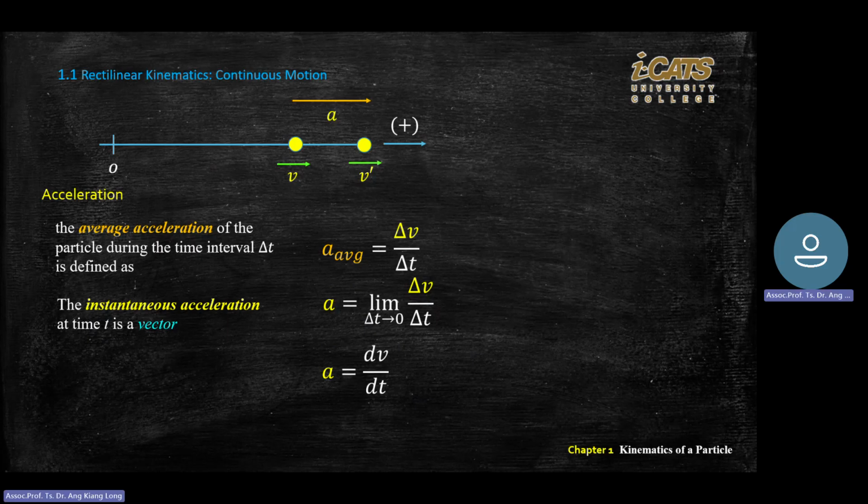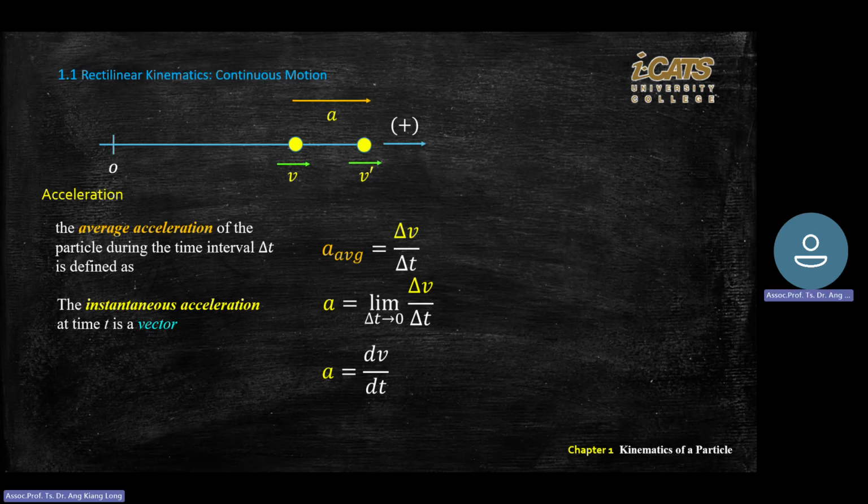You write v equal to ds dt, 1 mark. You write A equal to dv dt, without substitution, you get 1 mark. And the diagram also, with the correct direction, I need to see the arrow and also the positive sign. Where is the positive sign? With that, maybe 1 or 2 marks. So without solving or substituting, you already have 3 to 4 marks.